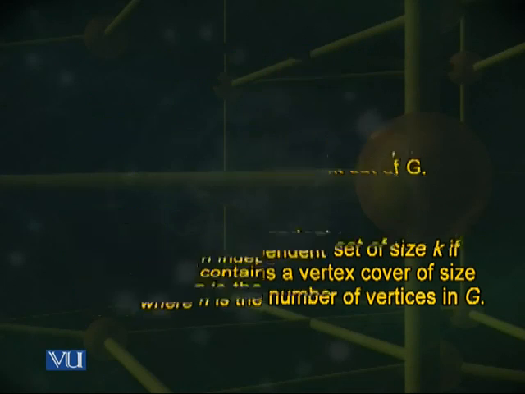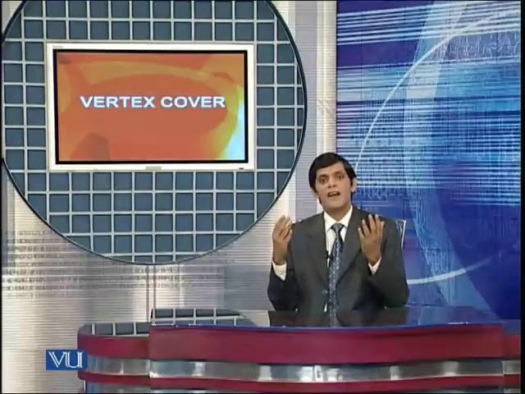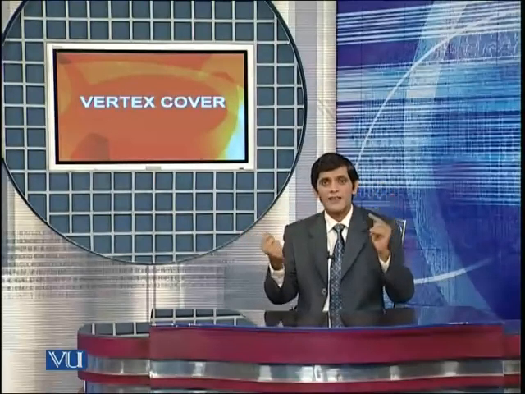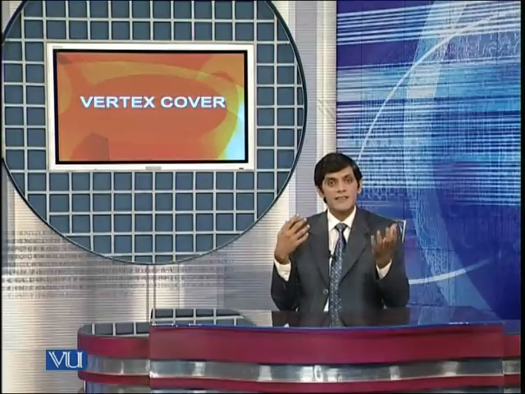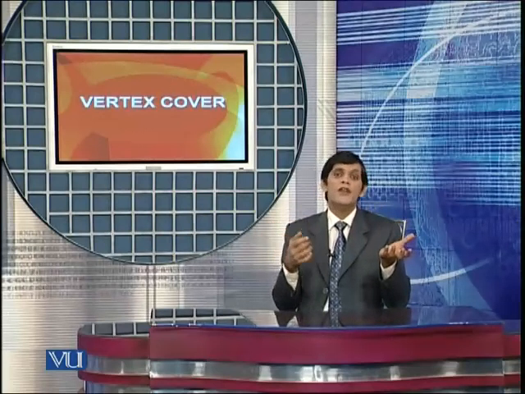So if you think about vertex covers and independent sets, they're complementary objects inside a graph. Every independent set, its complement is a vertex cover, and every vertex cover, its complement is an independent set. In other words, whenever you find a vertex cover of the graph, you've also found an independent set.